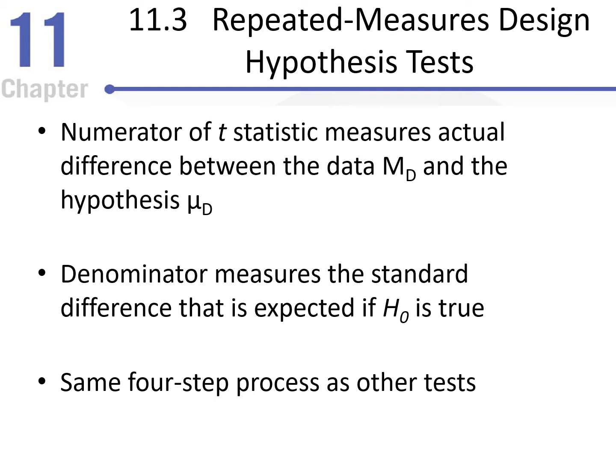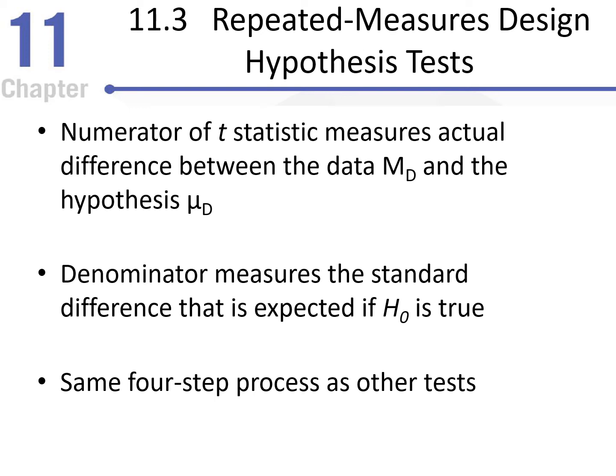So the numerator of the repeated measures t-test looks at the actual difference between the data and the null hypothesis value. So the null hypothesis value is always 0. So you simplify the numerator of the t-statistic, it's only the difference. It's the mean of the difference scores. That's all it is.